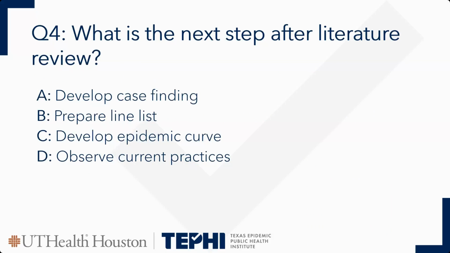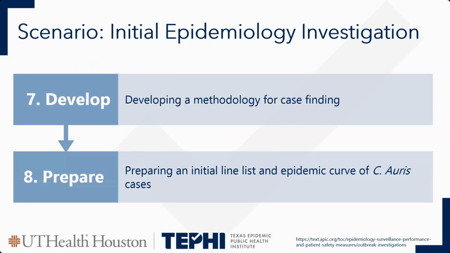Yes, so that's great. We want to be developing our case findings at this time. Specifically what we're looking at, are they from a certain location? What type of risk factors do they have? And that will go into your line list and then your epidemiology curve that you'll develop.